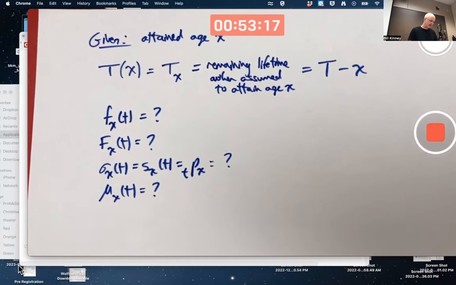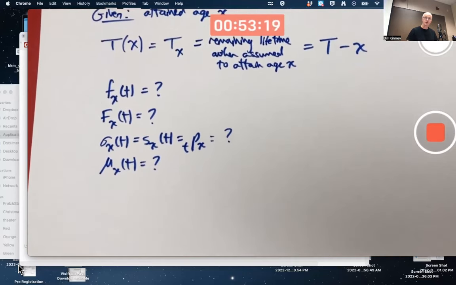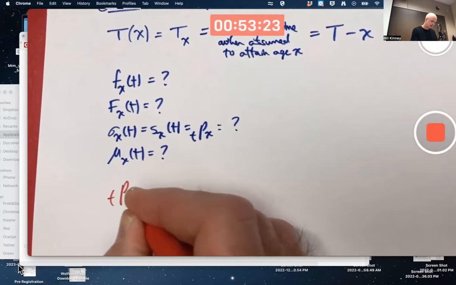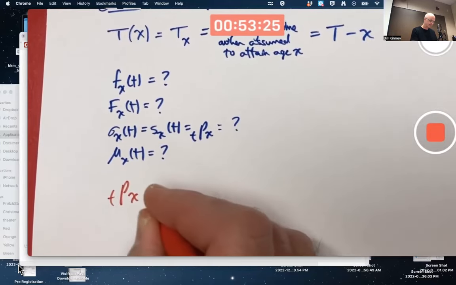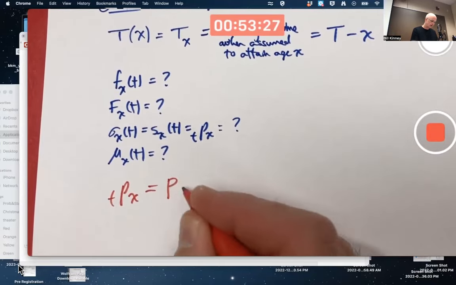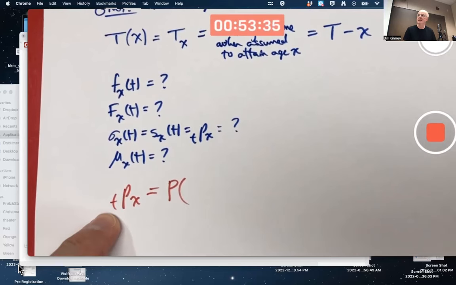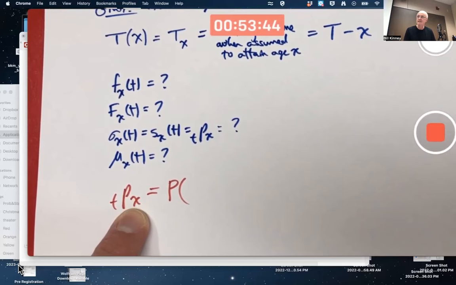Let's go ahead and think about the survival function first. This is the way people typically think about it. Let me go ahead and call it tPx. So, okay, x is fixed. What should this represent? This should represent a survival probability, the probability of making it at least t more years, assuming that they've made it from a newborn baby to age x.